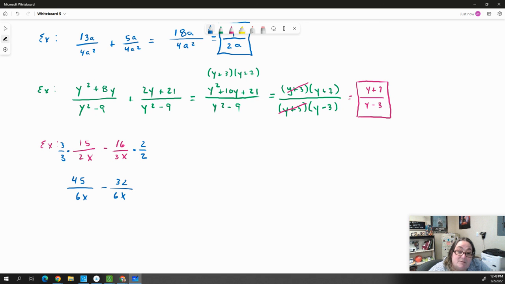So we have our common denominators now, and we can just go ahead and do the subtraction. 45 minus 32 is 13, and denominators just stay the same, right? I can't reduce this fraction at all, and the reason is that 13 is a prime number. Nothing smaller than it is going to divide into it. So this would be our final answer. It cannot be simplified beyond that.